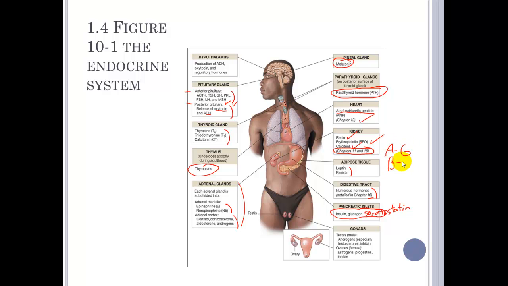Beta cells secrete insulin. Delta cells secrete somatostatin. Glucagon breaks apart glycogen stores in the liver, so it makes sugar available. Insulin allows the sugar into the cell, and then whenever we have enough glucose for the cell, somatostatin is released and puts the stop on the production of new sugar.